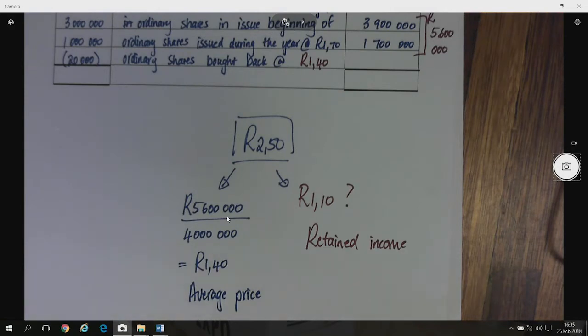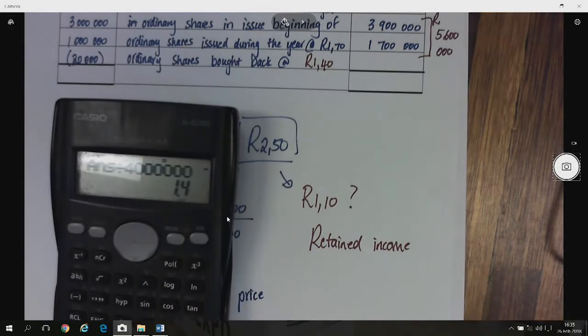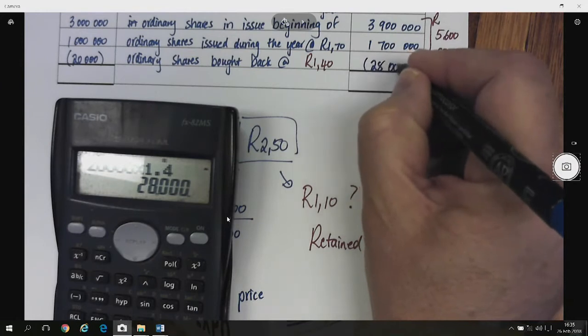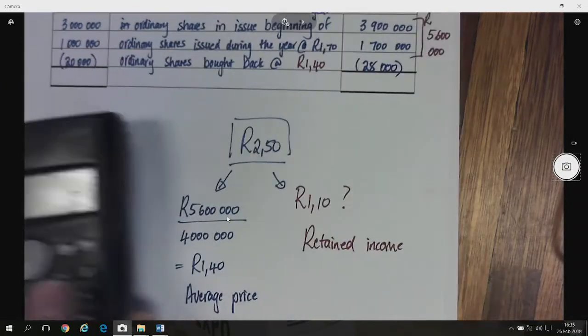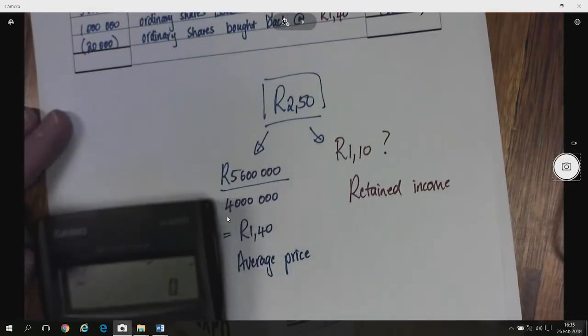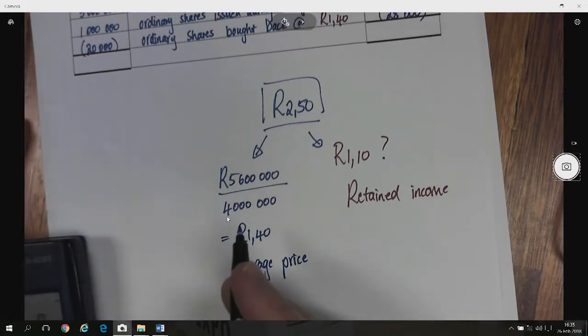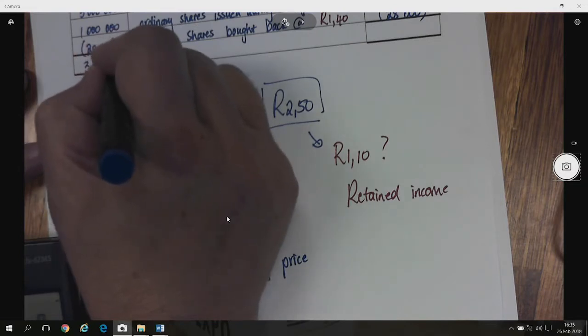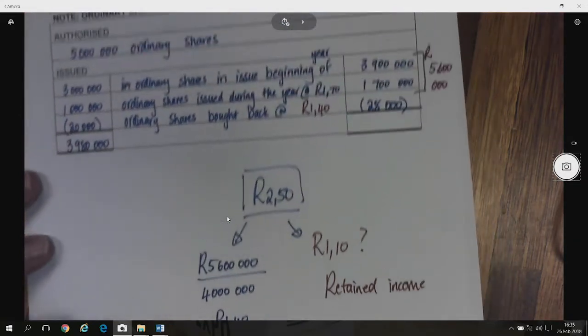So now you say 20,000 times R1.40, that gives us R28,000 in brackets because it's buyback shares. Now you do the calculation on this side, and that will give you 3,980,000 shares.